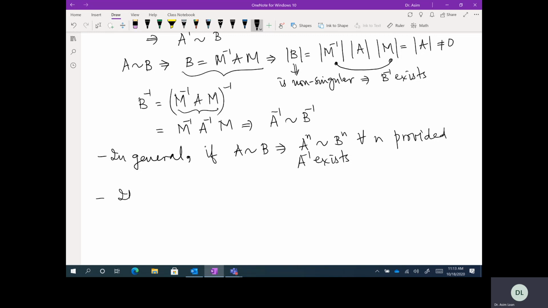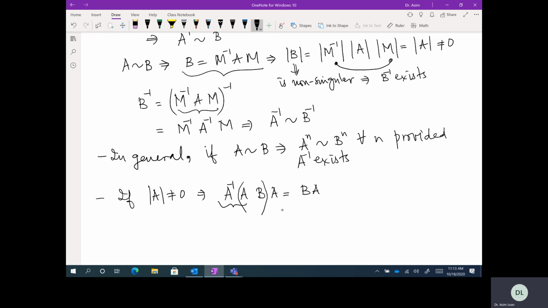Also, if A is non-singular, this implies A inverse times A times B times A should be equal to BA, right? Because this should be equal to identity and this should be equal to BA. And what I can do is, matrix multiplication is associative, so I can always do it like this.